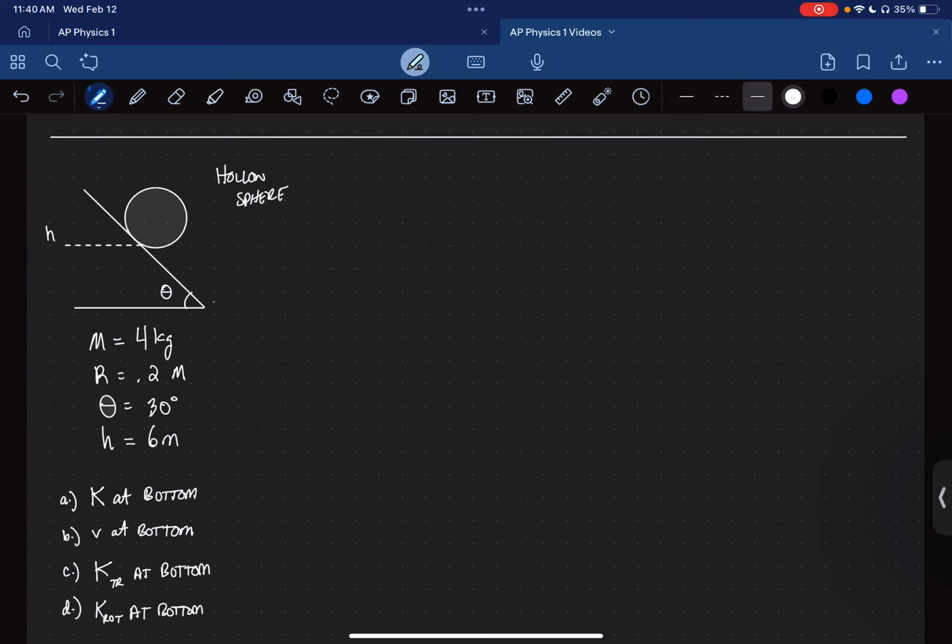It's a hollow sphere. And we want to know what is the translational speed v at the bottom. And then we'll keep going there in just a moment.